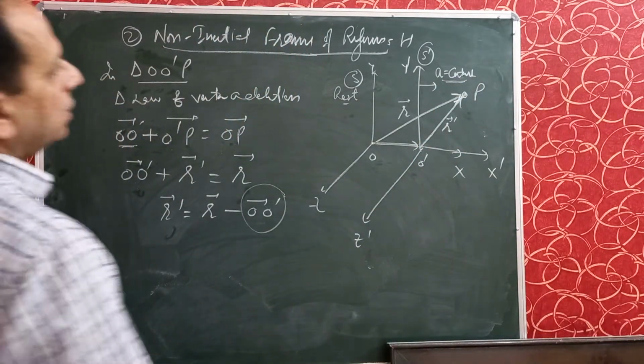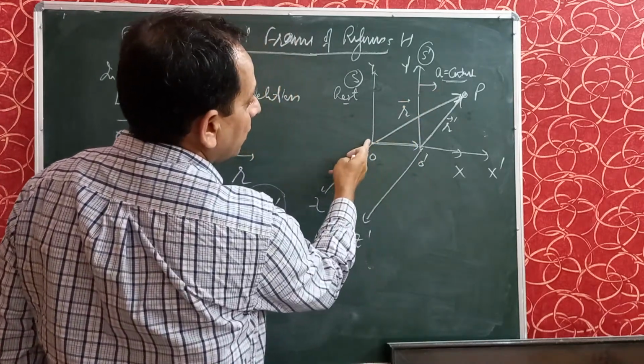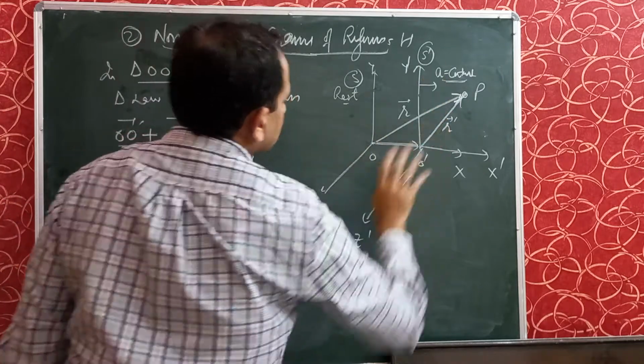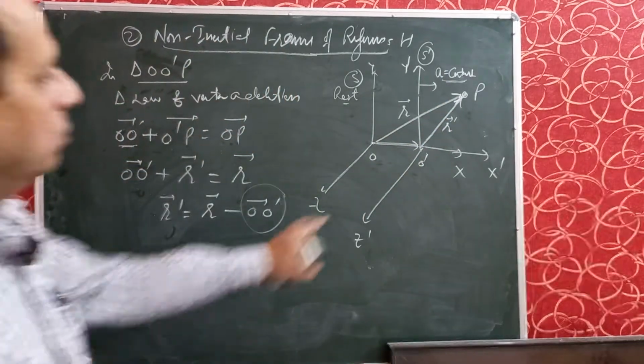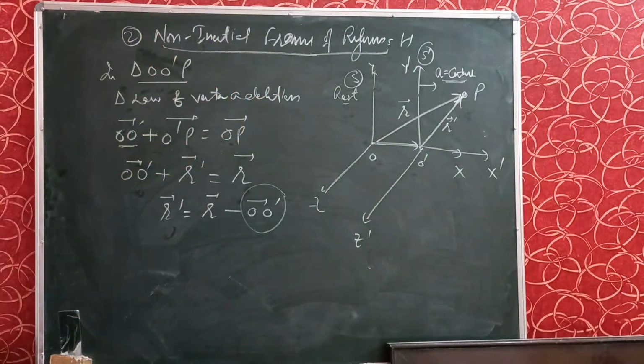We know that some time before, this S dash frame was lying here, and because it is moving, after t time it reaches this point. So the motion of the S dash frame from O to O dash is uniformly accelerated motion.